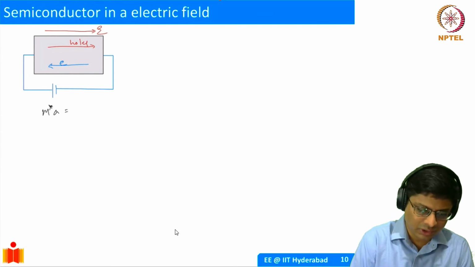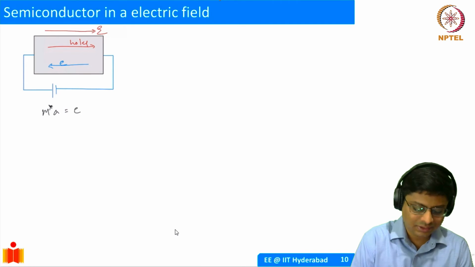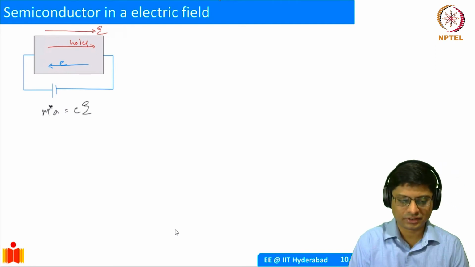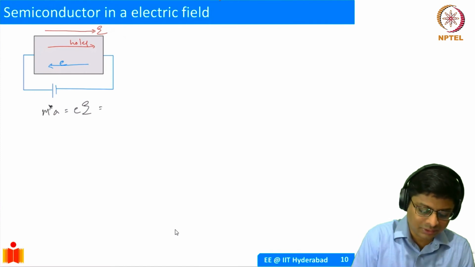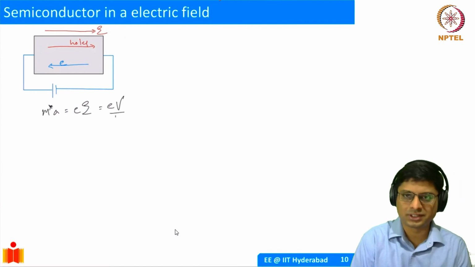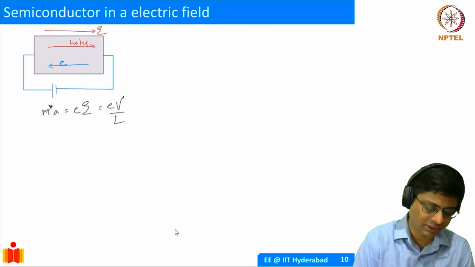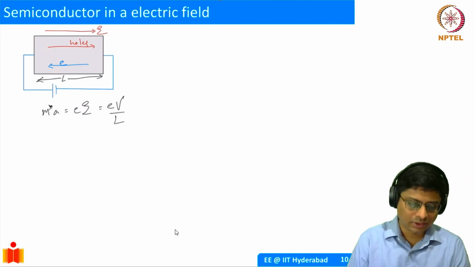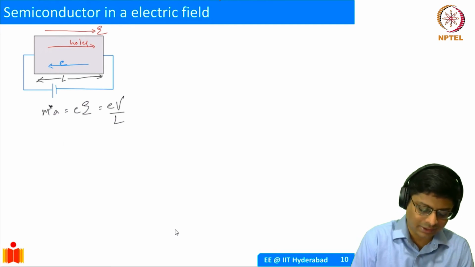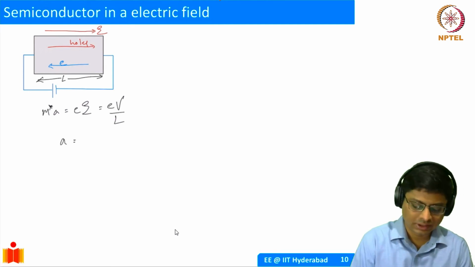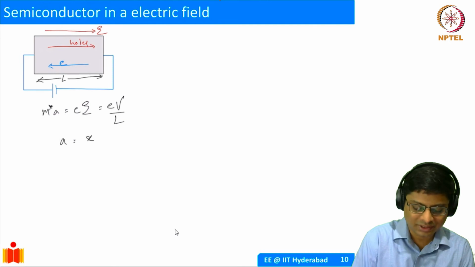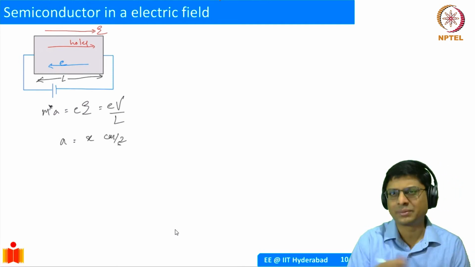And that is simply going to be the electric field times the charge, right? And what is the electric field? It's simply going to be whatever voltage you apply divided by the length of the crystal, the length of this piece of semiconductor. If I call this L, this is going to be V over L, right? So you can find out what a is going to be, some x centimeter per second square. This is going to be some acceleration.